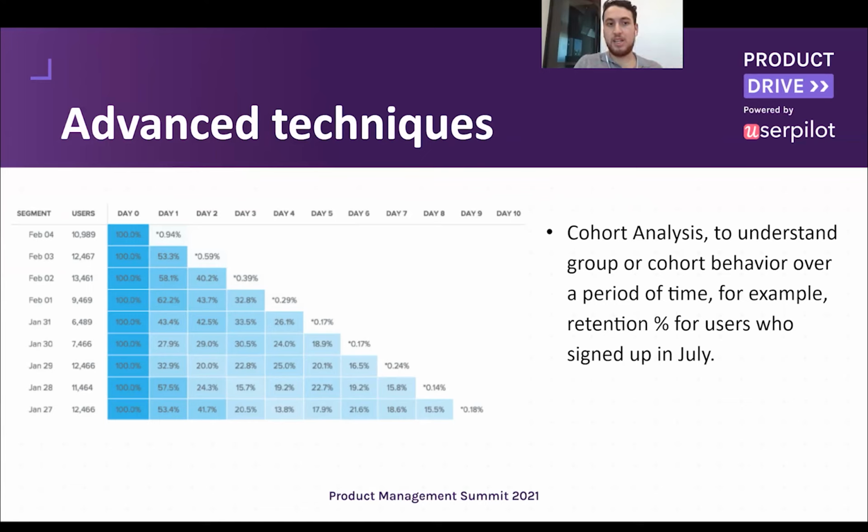In this case, let's say I want to look at how the users that signed up in July, what's their retention rate, for example, and compare them to a cohort of signups in August, right? And then you can also see with time what the retention is. In this example, it's a 10-day retention, and I'm looking at different cohorts and comparing that, right?